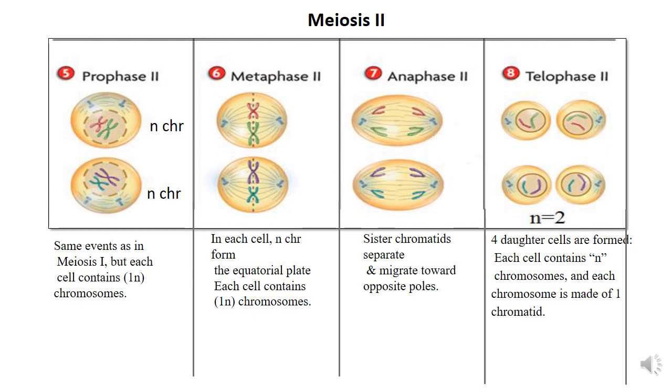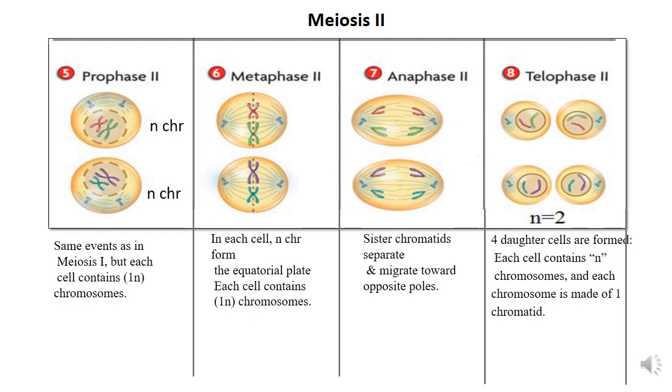This is similar to mitosis, because you remember that in mitosis the chromosomes were in the center of the cell, but each one of them was alone on a single spindle fiber, just like here in meiosis II.